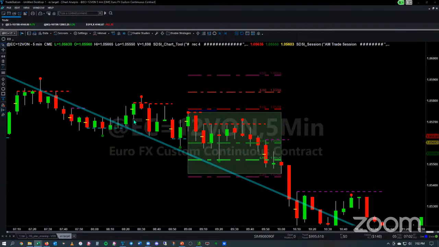And so you can see here, I have one base here and two base here. So I had two bases broken lower. And at this point, this base again had not broken because you opened up here. So using the two base rule, again, I would have gone short and I would have made the $100.